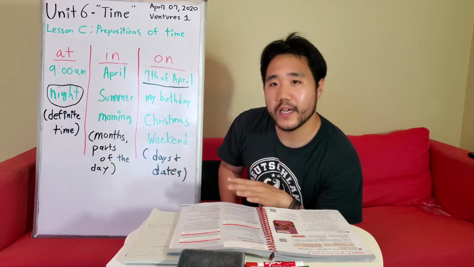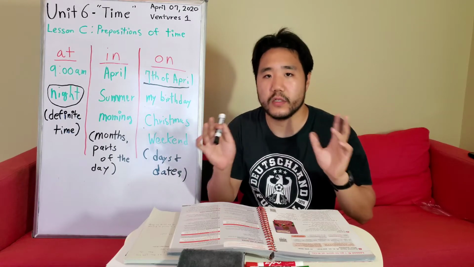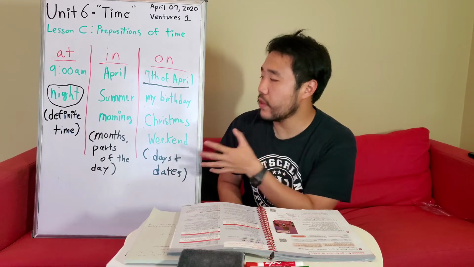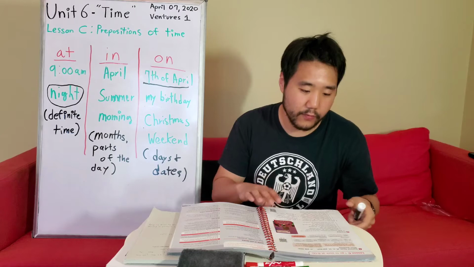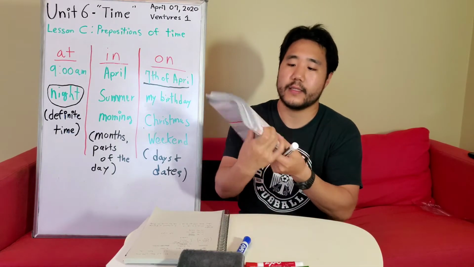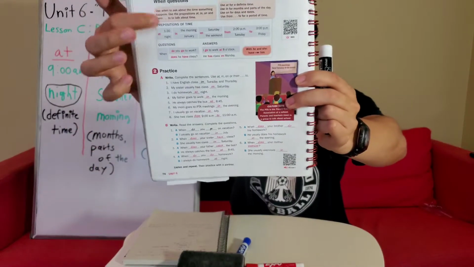If you say in the night, the meaning of the sentence becomes different. I want you to know this, and if you want more details, it's on page 74 of Unit 6, Lesson C, here on the top.